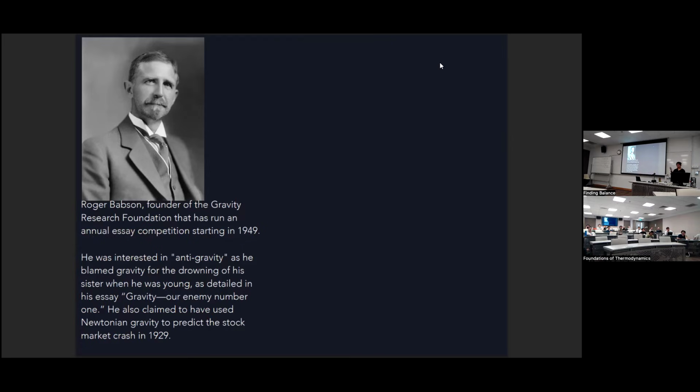And also in this essay, he talks about how he wants to have a display of birds in the Gravity Research Foundation because birds are able to conquer gravity. He also claims to have used Newtonian gravity to predict the stock market crash in 1929. So he's a big entrepreneur and also has this kind of personal story of why he's interested in this.